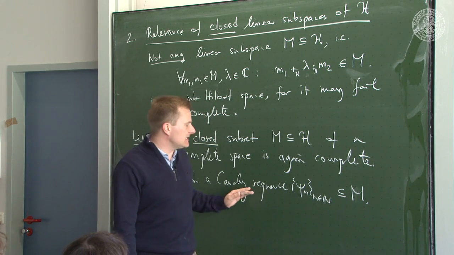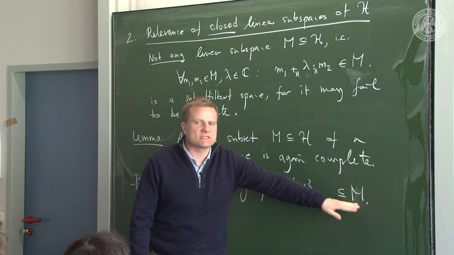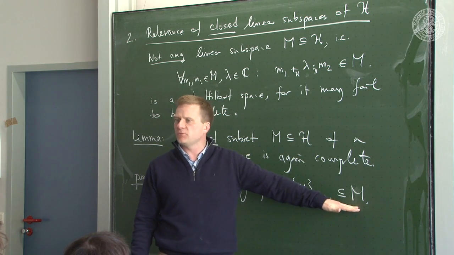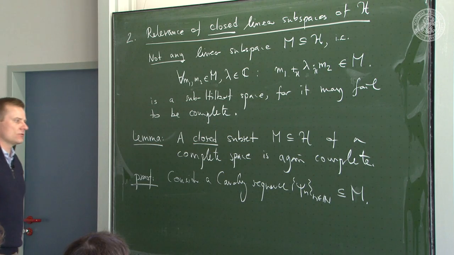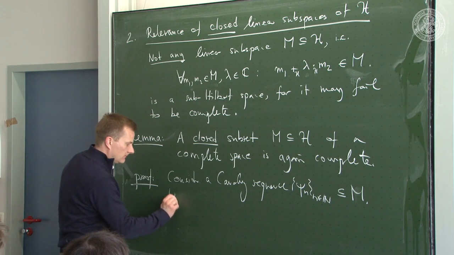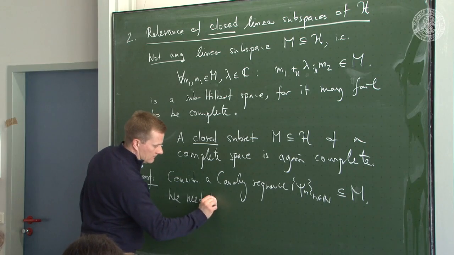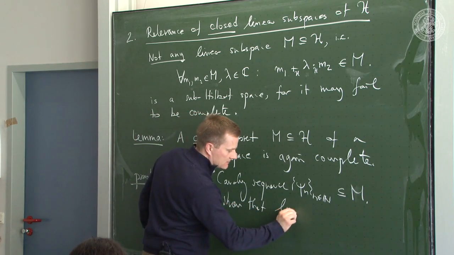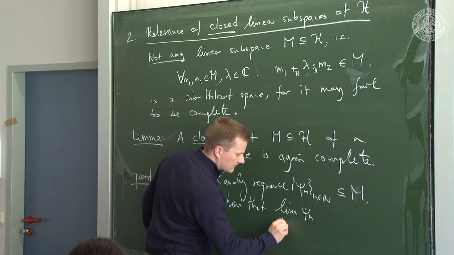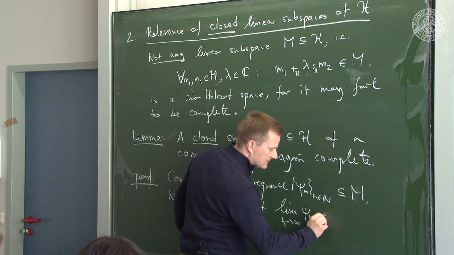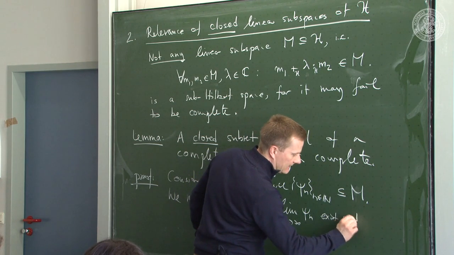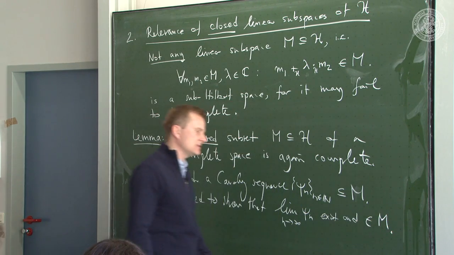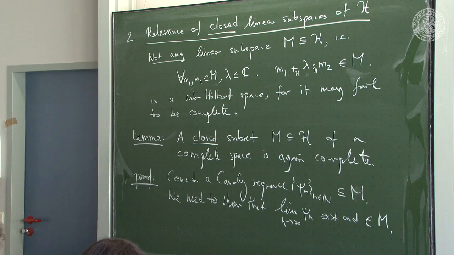We need to show that the limit of psi n as n goes to infinity exists and is an element of the subspace. It's not enough if it exists somewhere, it needs to exist in M.